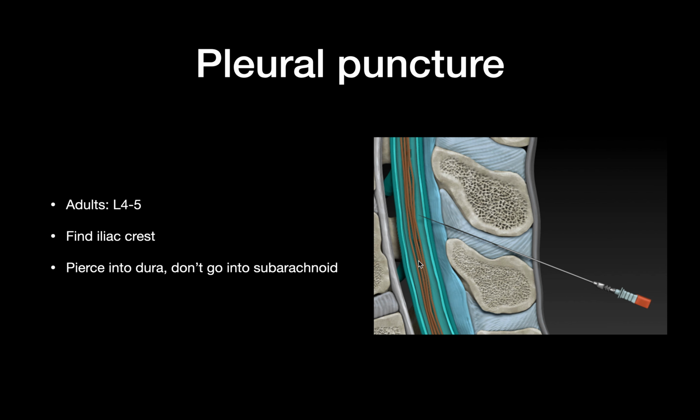And we will pierce through all the ligaments, as you can see, into the dura, but we will not go into the subarachnoid space, because that can either introduce too much pathogen, or it will cause paralysis or damage to the nerves.